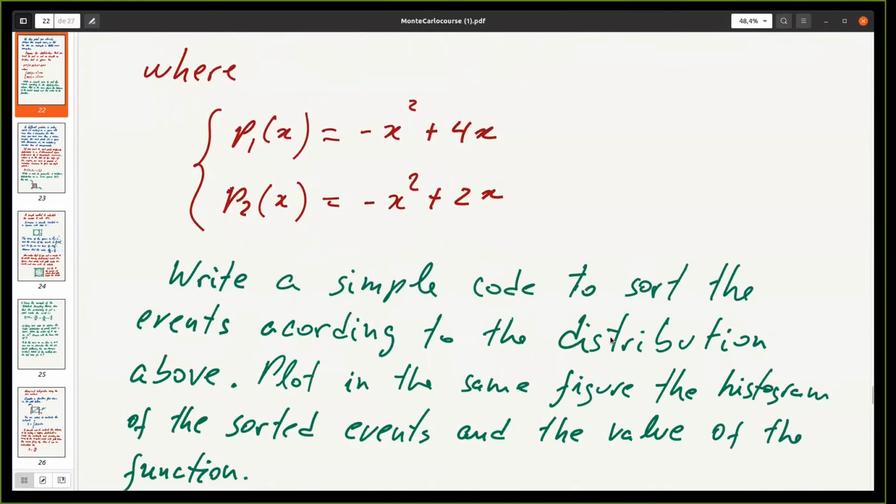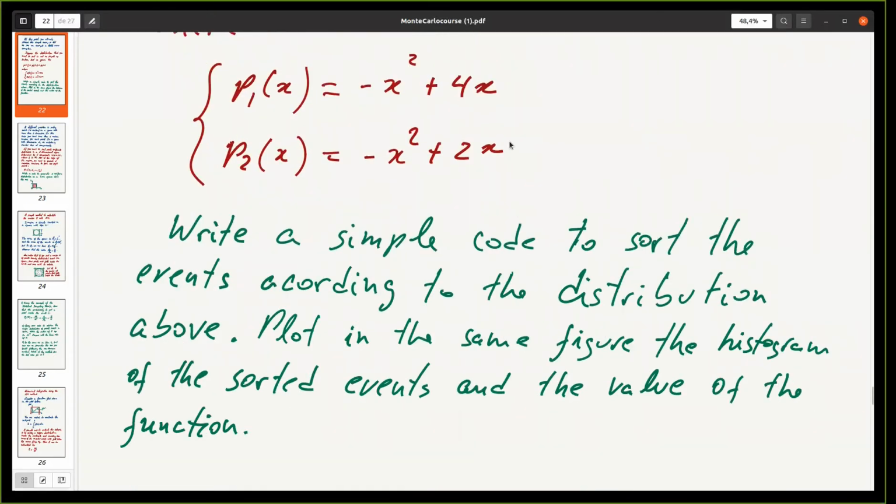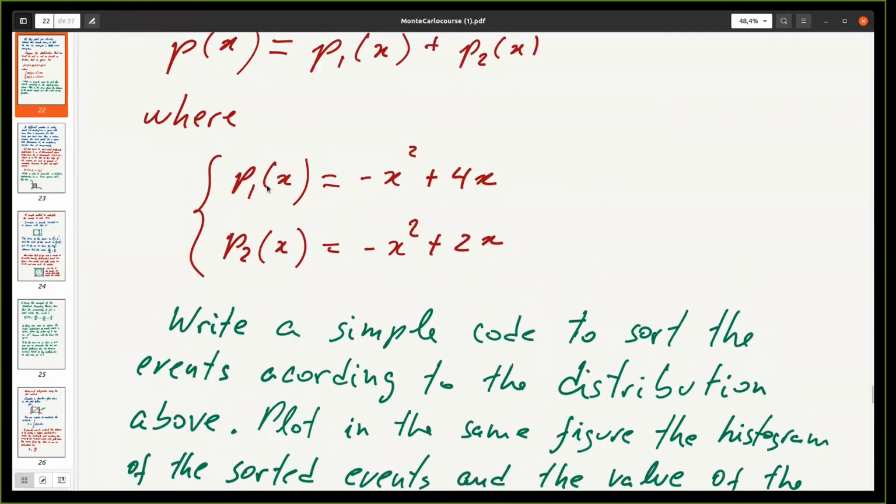And so you have to write a code. You probably wrote a code for sampling distributions according to one of these functions, or something similar. So you can use it to sample the distributions for the two functions. And there are different methods to do it. More than one will work well, but some that seem to be intuitively correct are not.